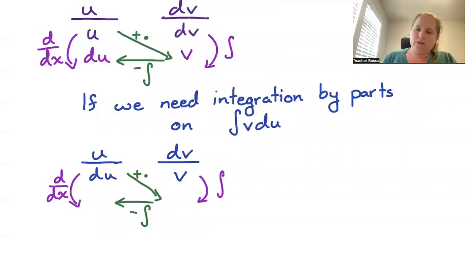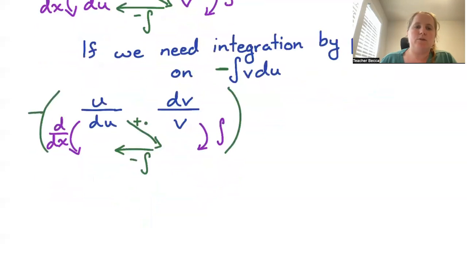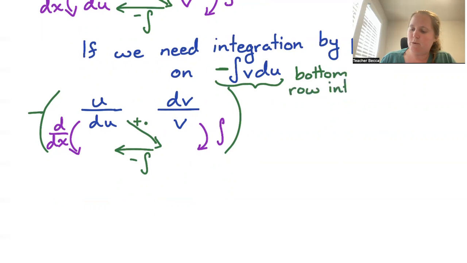Now, because we are subtracting that whole integral, we are going to subtract this whole piece. And so it actually would become that bottom integral, the bottom row integral from our previous integration by parts.